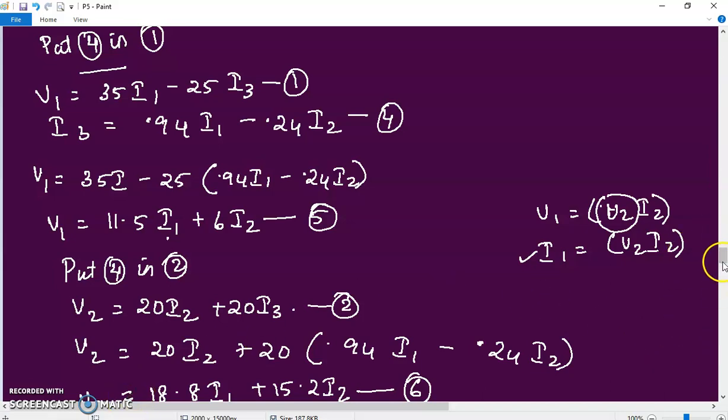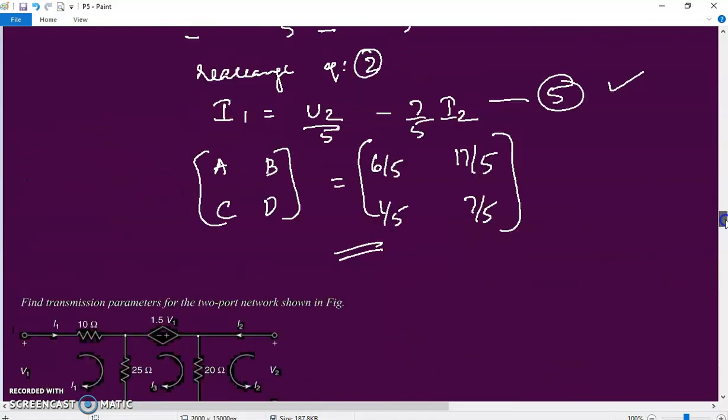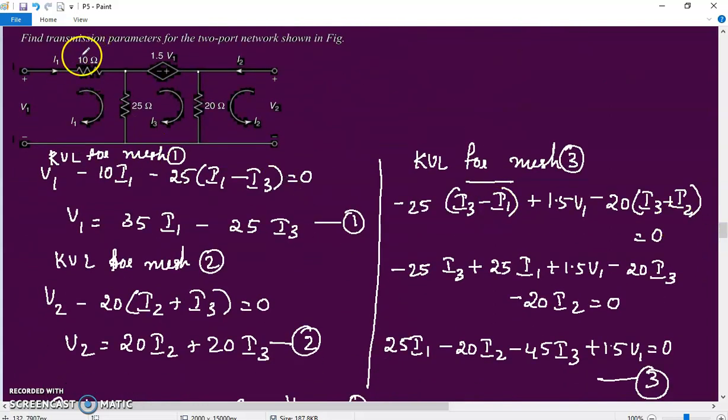Here we have used KVL because we have a resistor in this branch. If we get problems with no resistor in this branch, it will be easier if you use KCL, the current rule. Thank you.